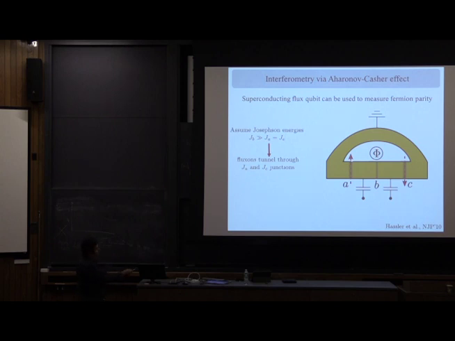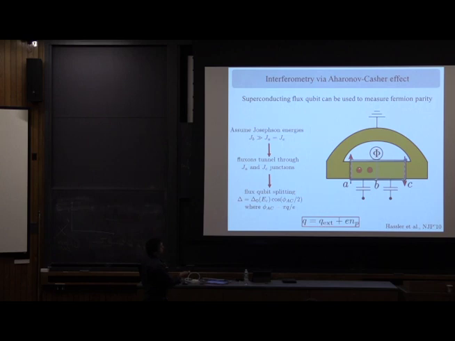And so if we place some charge somewhere in the middle, then these fluxons, which are tunneling through these junctions, essentially will represent some kind of a loop, and they will pick up the phase, the Aharonov-Casher phase, going through this loop. And this phase will be proportional to some offset charge, but also to the topological charge carried by this Majorana mode. So it will measure fermion parity.